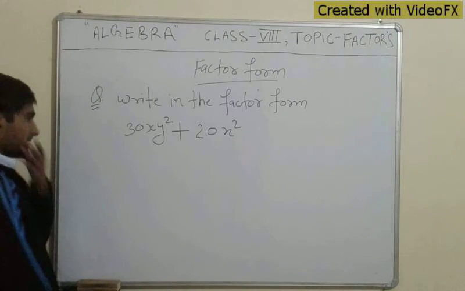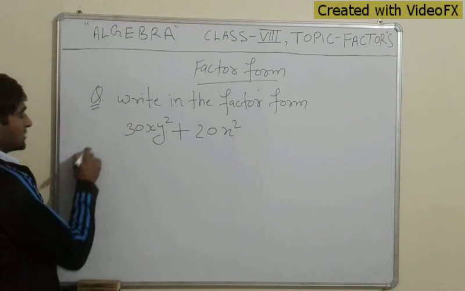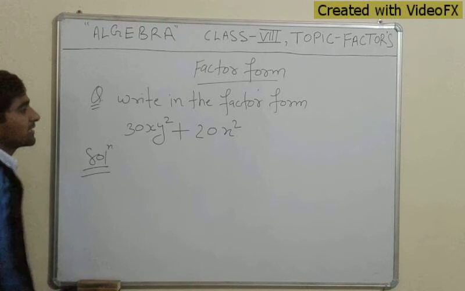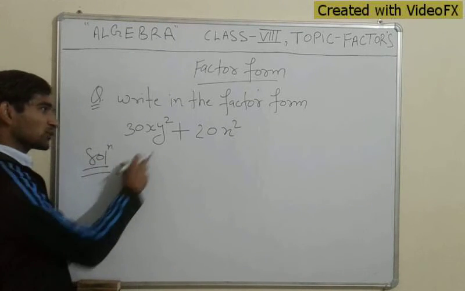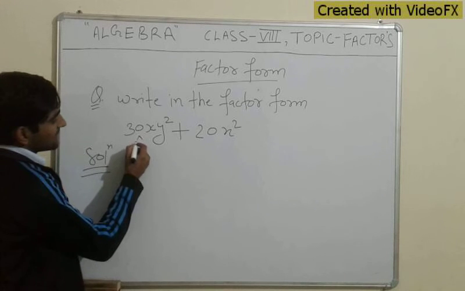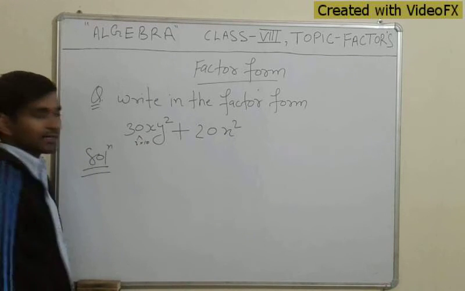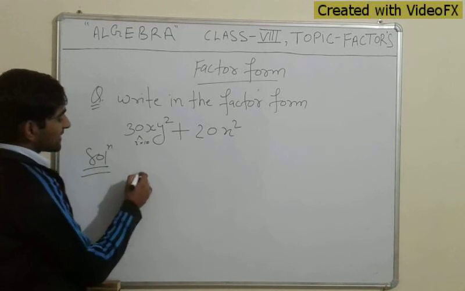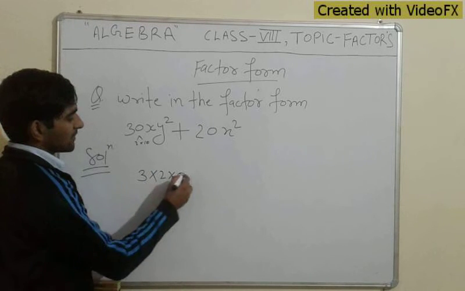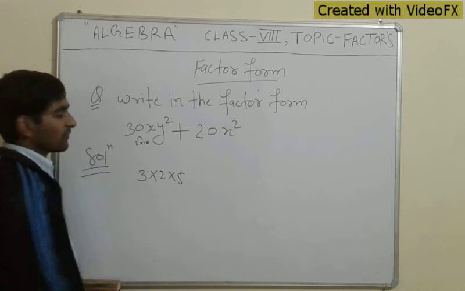I think this is okay. In solution, 30xy square. The factor of 30 is 3 into 10, and 10 is 2 multiply 5.